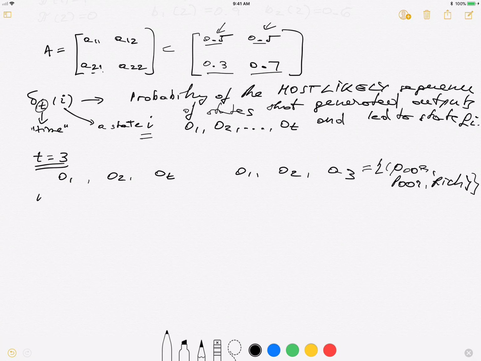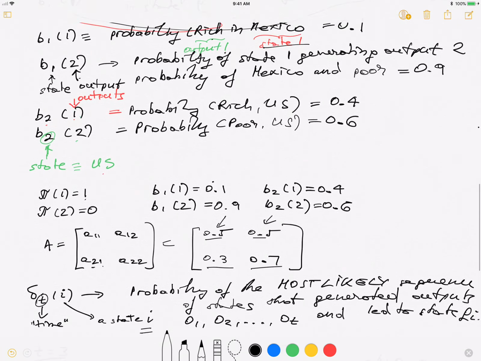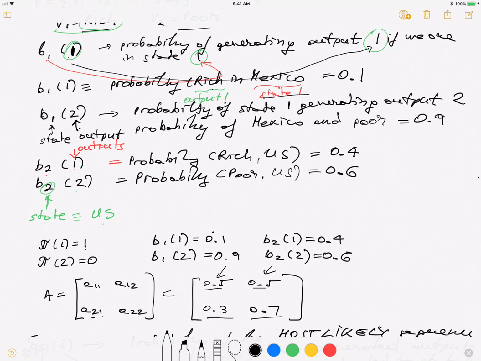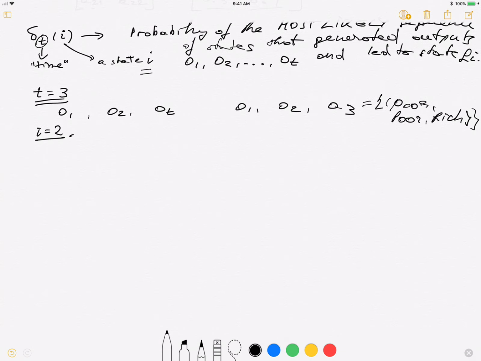Say I is equal 2. This denotes the state 2. Remember, state 1 was Mexico, state 2 was US. So I equal 2 indicates that we are in state 2, US, at time t equal 3.